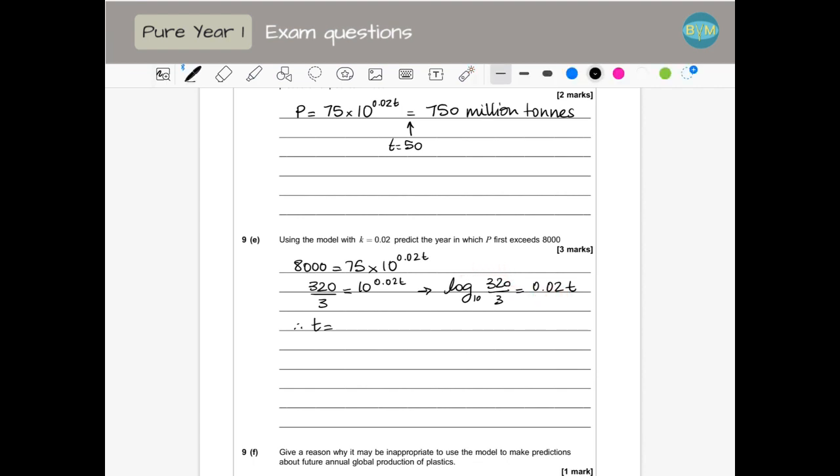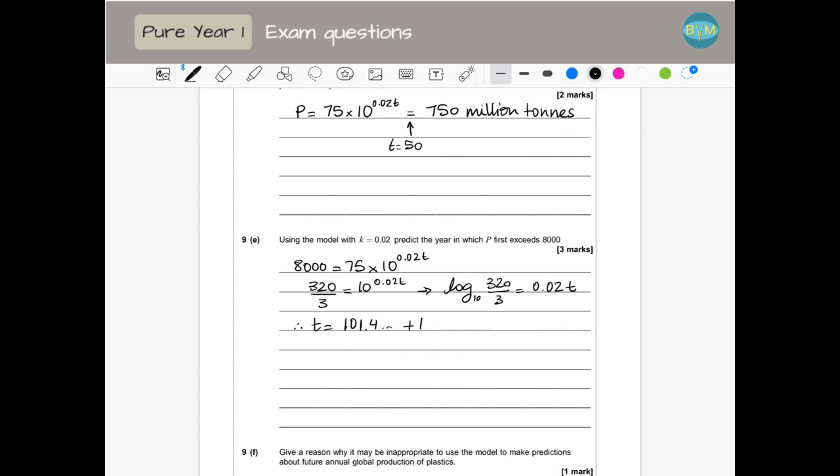And this is 101.4 something. So that means that from 1980 must pass 101.4 years.